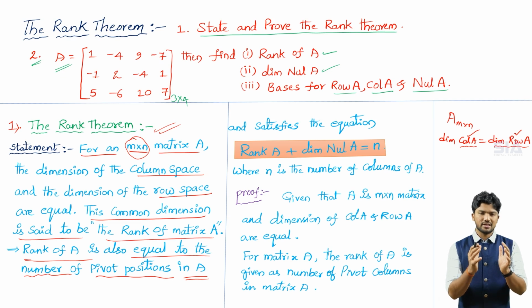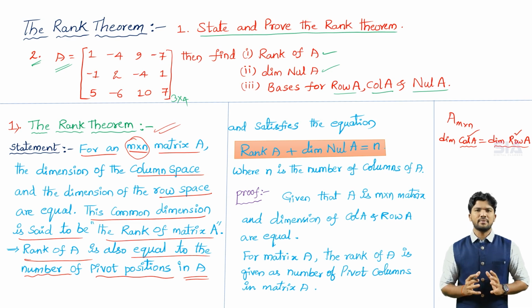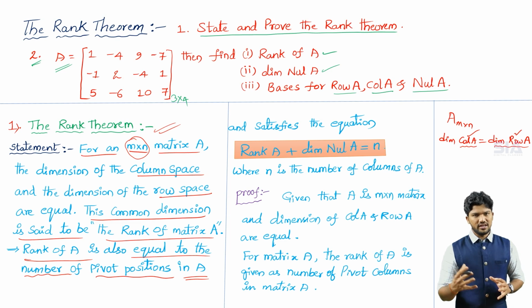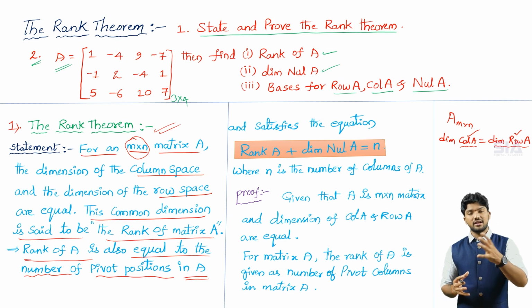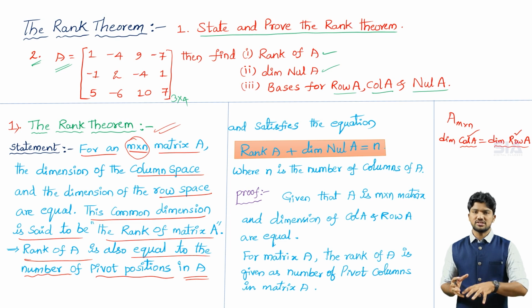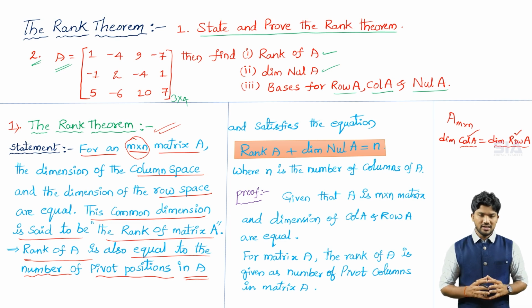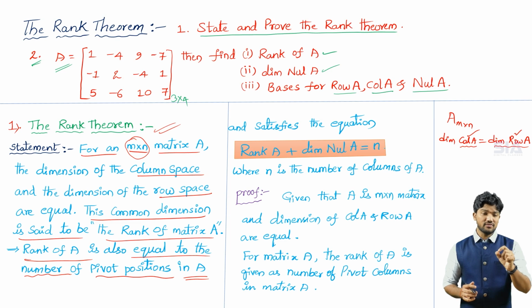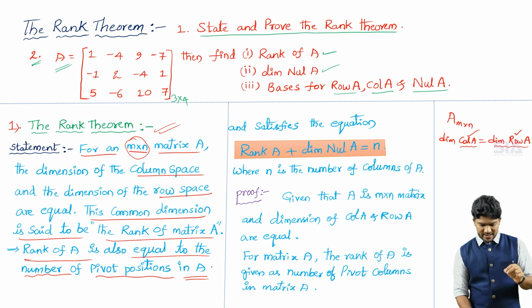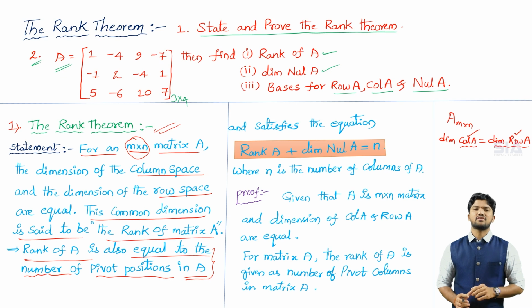Whenever you get a matrix capital A, we can apply elementary row operations, convert that matrix into echelon form, and then into row reduced echelon form. Then the number of pivot positions gives the number of pivot columns. The number of pivot positions is equal to the rank of the matrix.